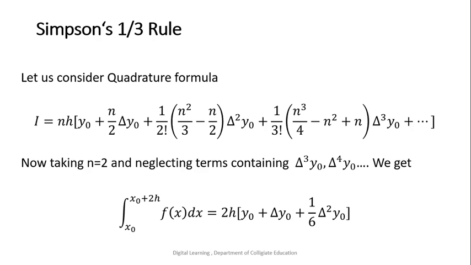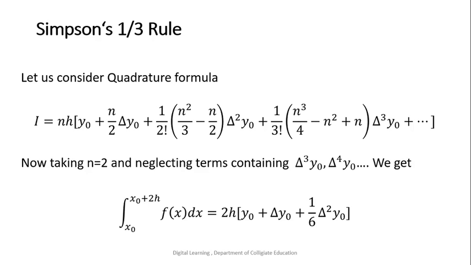That is, I is equal to n into h times y naught plus n by 2 delta y naught plus 1 by 2 factorial times n square by 3 minus n by 2 delta square y naught plus 1 by 3 factorial times n cube by 4 minus n square plus n into delta cube y naught, and so on.